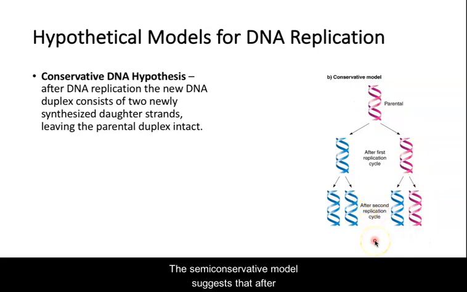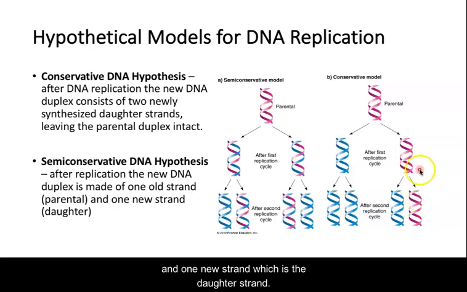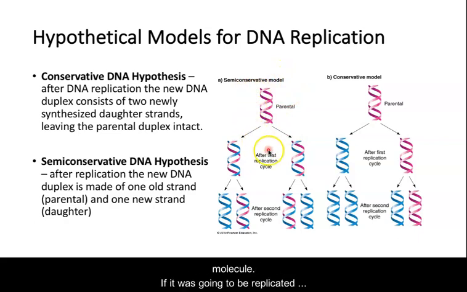The semi-conservative model suggests that after DNA replication, the new DNA duplex consists of one old strand, which is the parental strand, and one new strand, which is the daughter strand. So in the semi-conservative model, you have the parental molecule. And if it was going to be replicated in a semi-conservative way, it just means that part of the parental strand is maintained in the daughter strands.